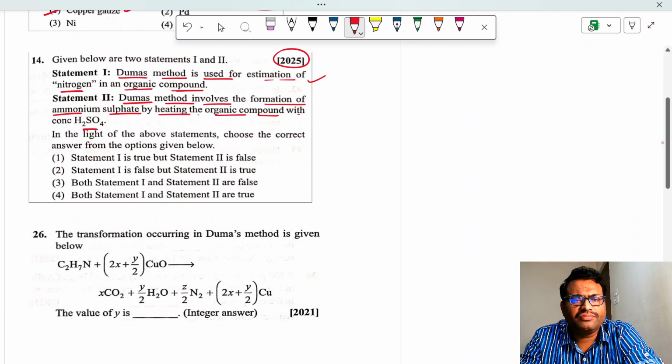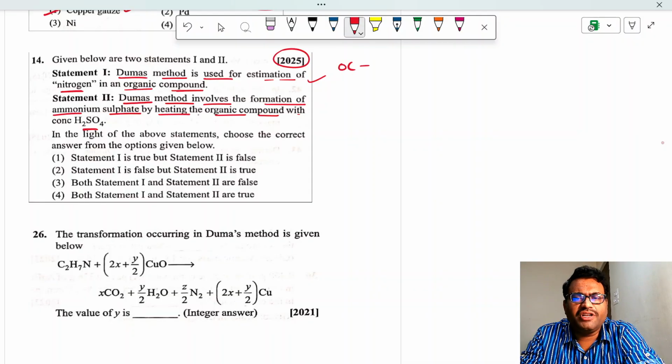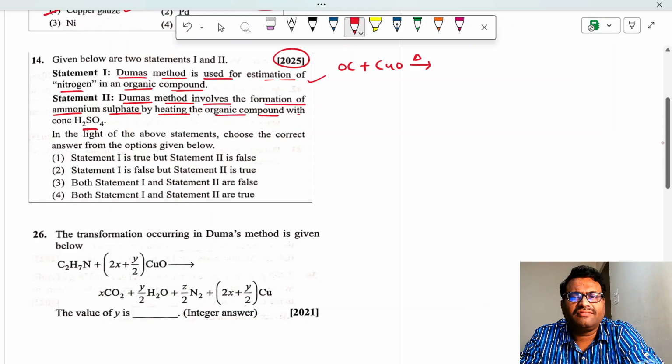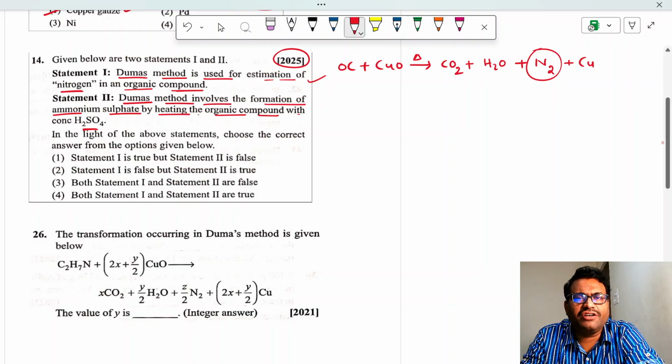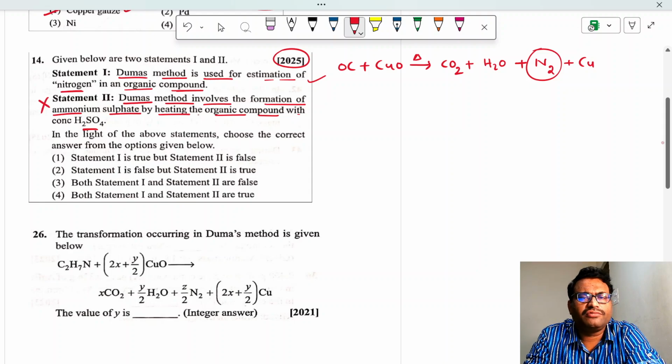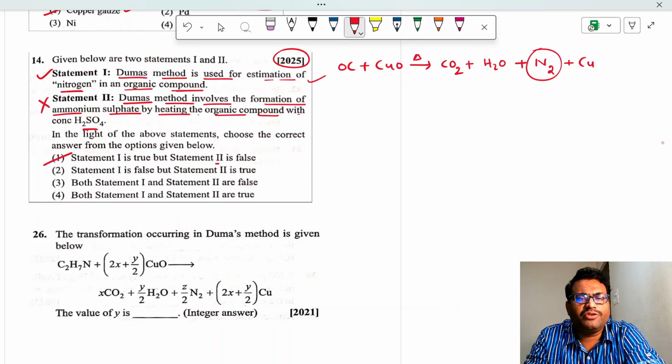No. In the Dumas method, the organic compound is heated with cupric oxide, so that carbon is converted into carbon dioxide, hydrogen into water, and nitrogen into nitrogen gas, with copper formed. The ammonium sulfate process is involved in the Kjeldahl method, not the Dumas method. So statement 2 is wrong. Statement 1 is true and statement 2 is false.